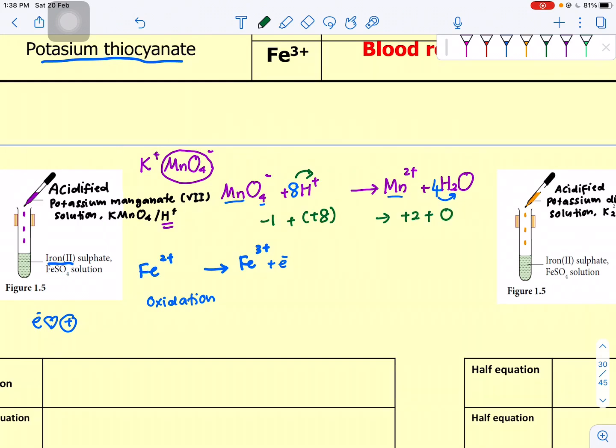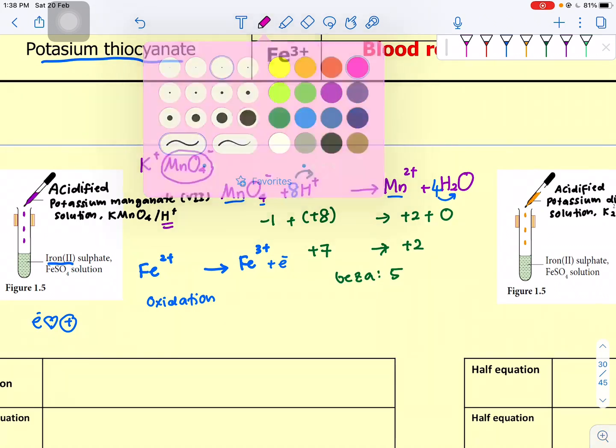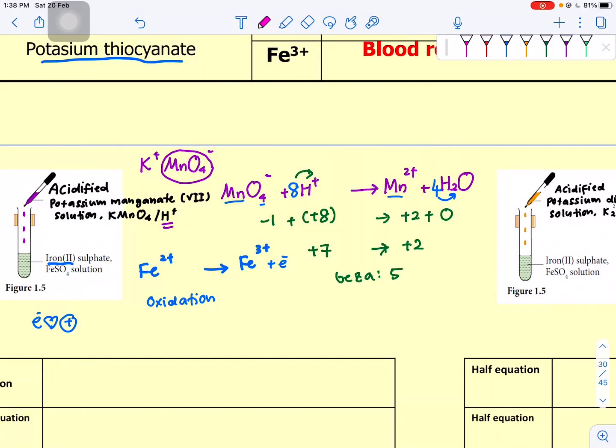Total up, negative 1 plus positive 8, dia berjumlah positive 7. Belah kanan adalah positive 2. Oops, sorry. So, berapakah perbezaan di antara 7 dan 2? Beza dia adalah 5. So, 5 ni apa? Inilah dia 5 electron. So, where to put the electron? Electron sukakan benda yang positif. So, electron akan berada di sebelah positive 7 sebanyak 5 biji.